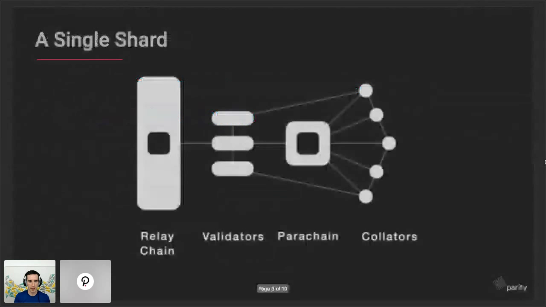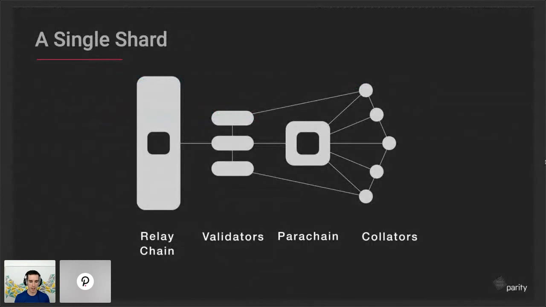So when we talk about Polkadot, we're looking at parachains as a bunch of different shards of the system. The idea of this slide is just to introduce some terms that you probably know well if you've been in the Polkadot ecosystem for a while. But if there's anybody new here, we have the relay chain, the central chain.